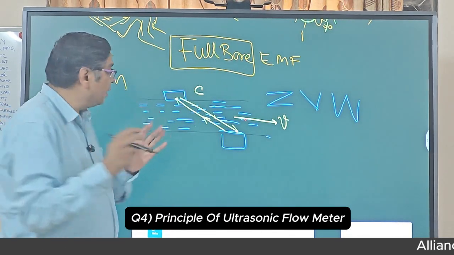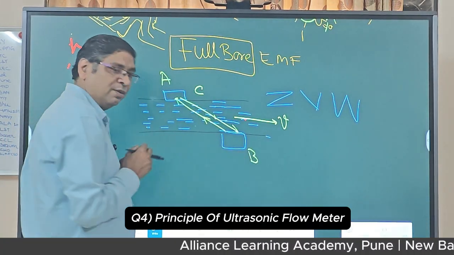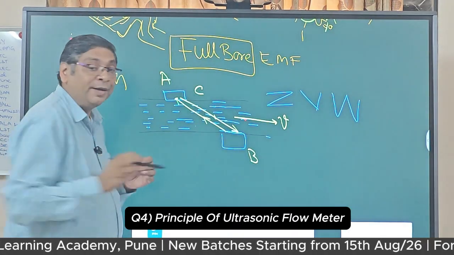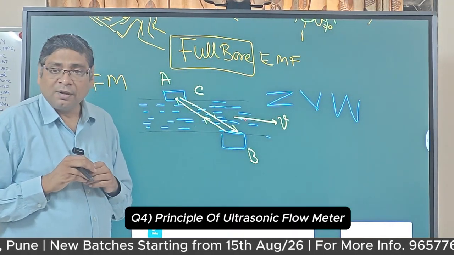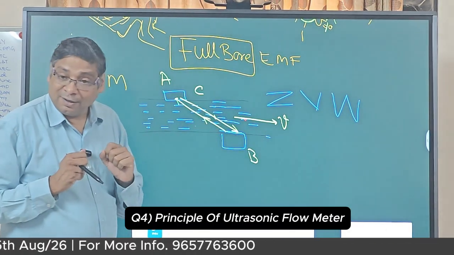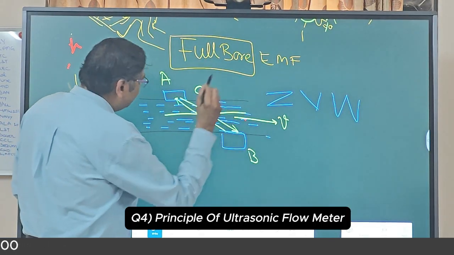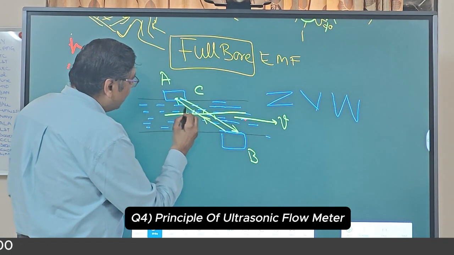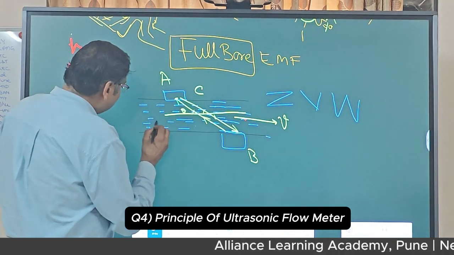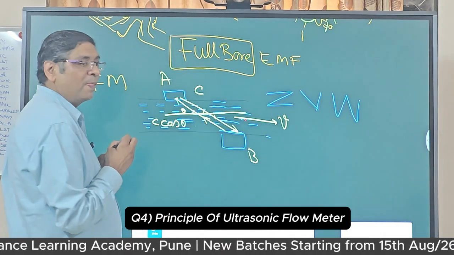The velocity of ultrasound in the water is C. Okay, now give attention to this. This sensor is A, this sensor is B. Now when A is sending waves to B, what will happen? It will reach early. Why? Because if you see, this angle is theta, so the component here is C cos theta.